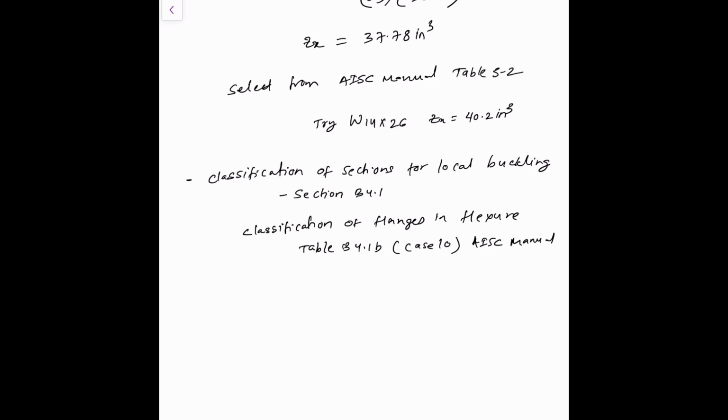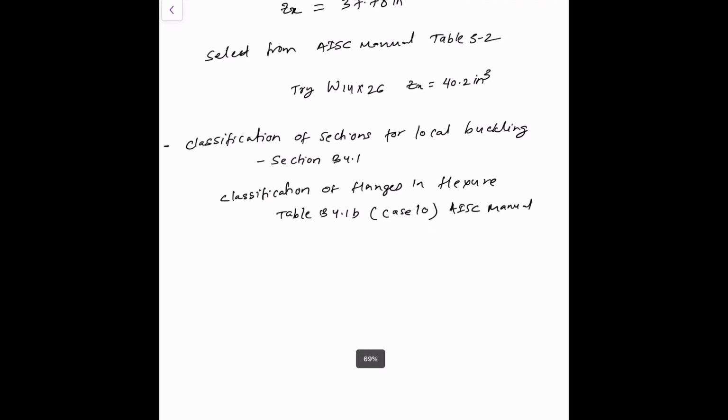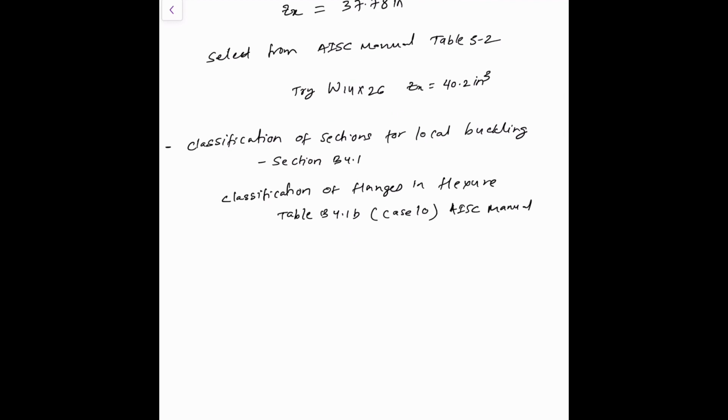So let me go to the W by T thickness ratio. If it's the 14th edition Steel Construction Manual, then you can see this on page 16.1-17.